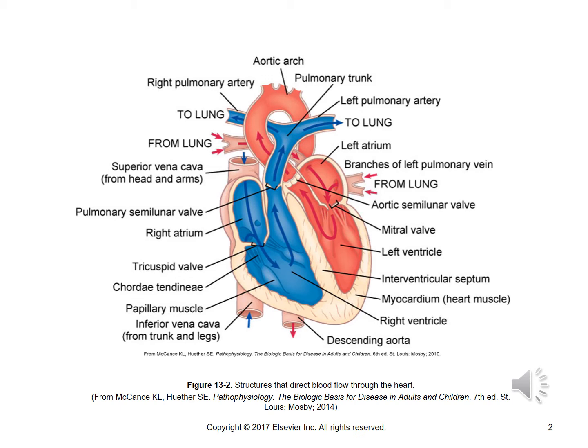There are 4 cardiac valves that maintain unidirectional blood flow through the chambers of the heart. The valves also assist in producing the pressure gradient needed between the chambers for the blood to flow through the heart.